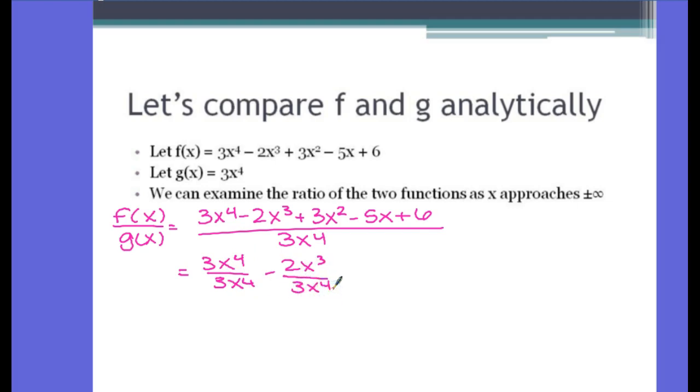So if you have a single denominator, the rule is to break it up so it's under each numerator.